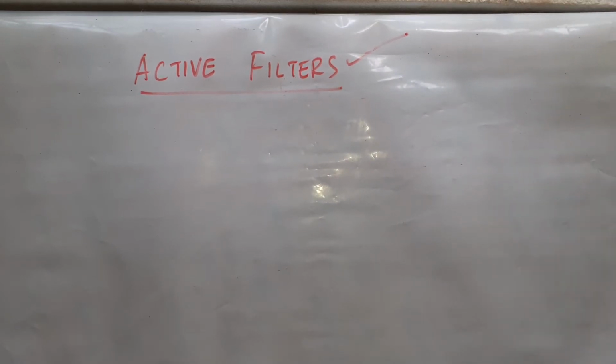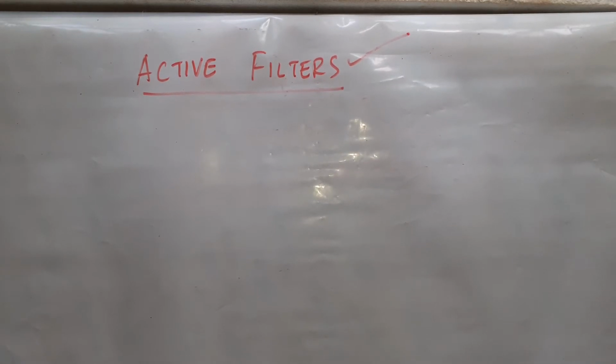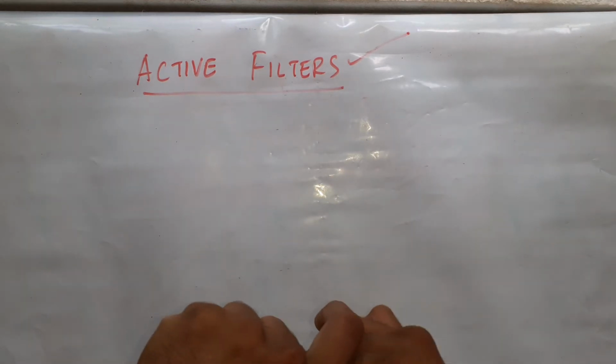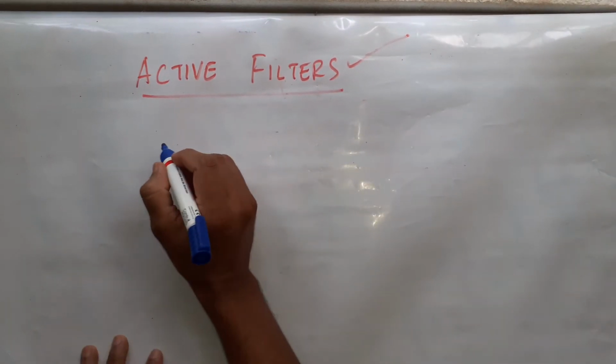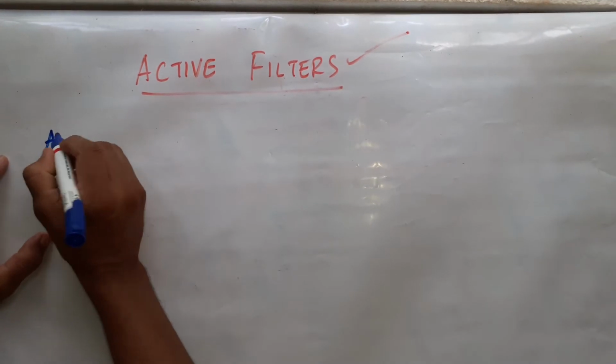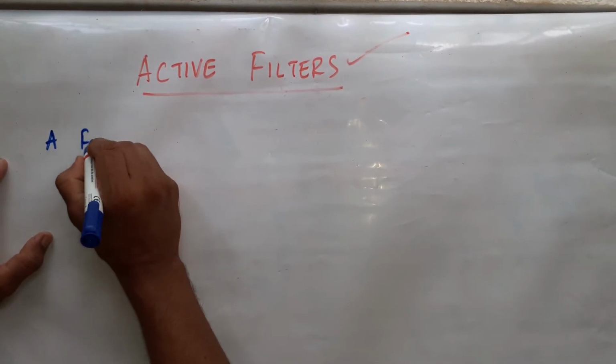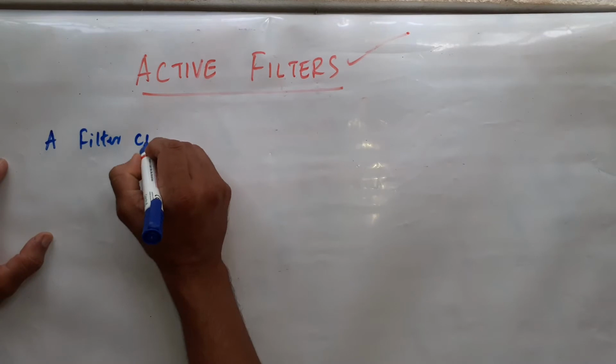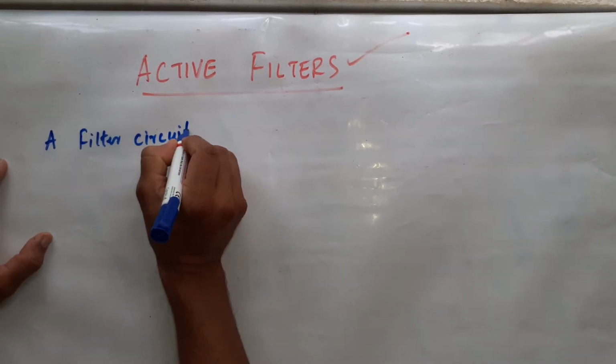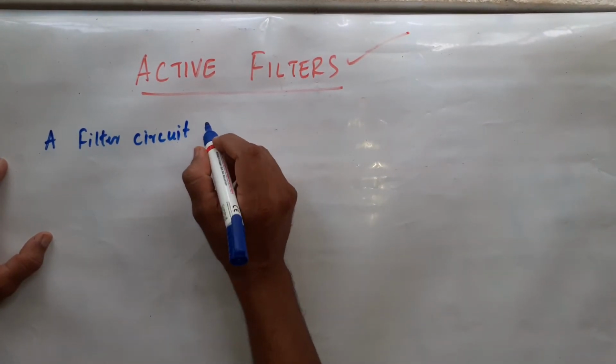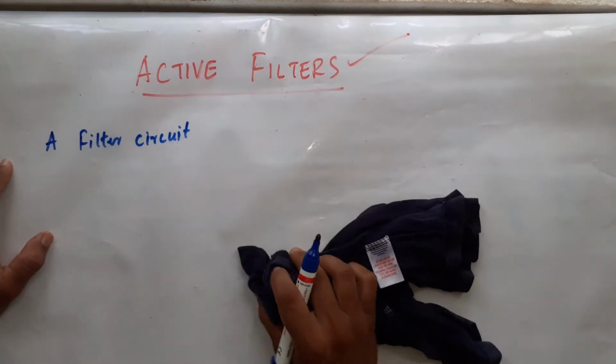So to give a proper definition, I'll write it down here. A filter circuit. Is it visible? Yes.